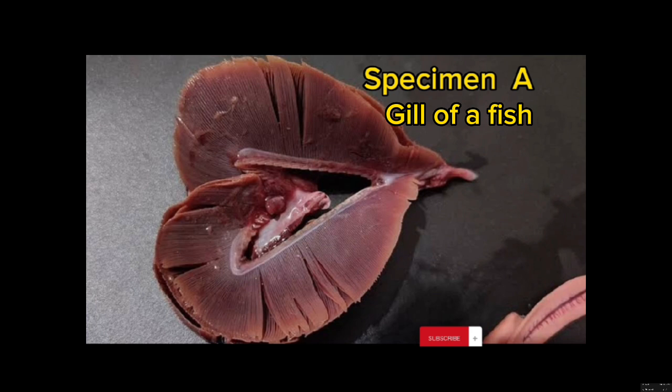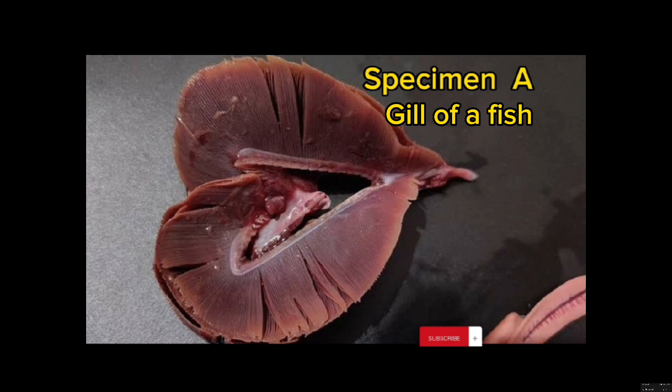These are observable features. Then you could also use another observable feature, that it has a large surface area for oxygen gas which comes in, and of course carbon dioxide which goes out. So it therefore tells you that the gill of a fish has these features.